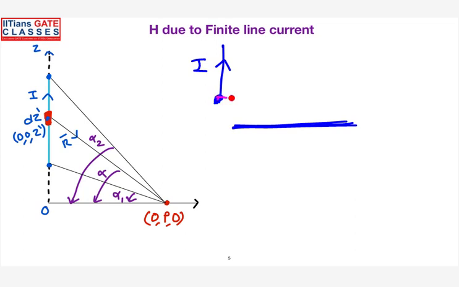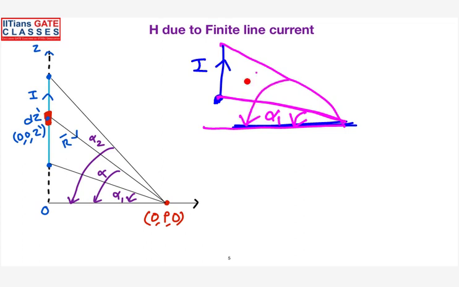First draw a line from the lowest edge and measure the angle with respect to the radial line. This is your alpha 1. Alpha 2 is the angle made by the upper edge with respect to the radial line. In both cases, the arrow should be pointing towards the radial line.